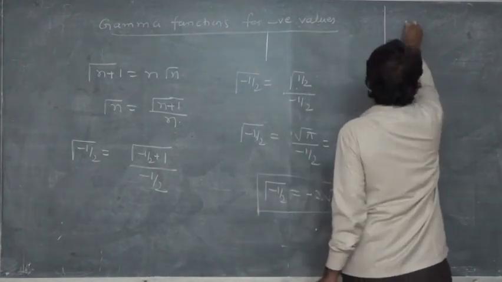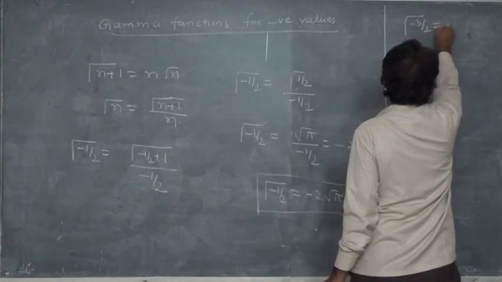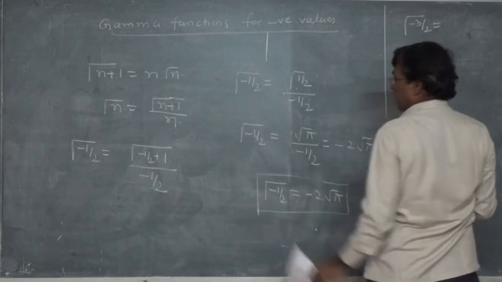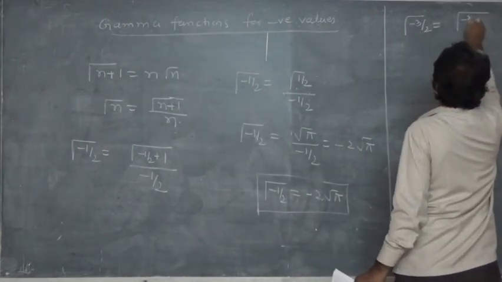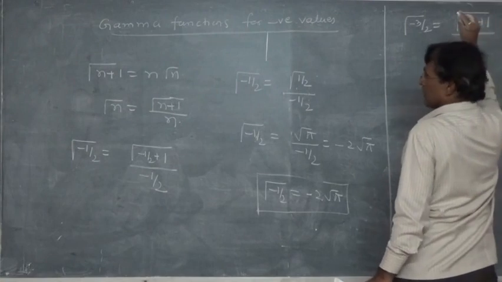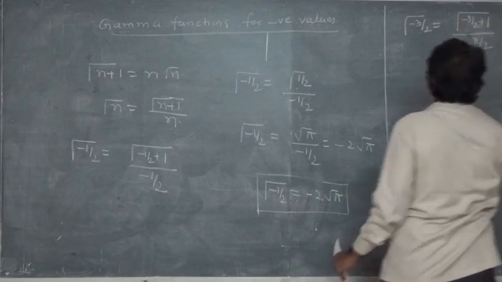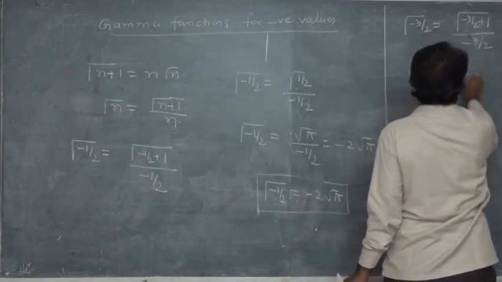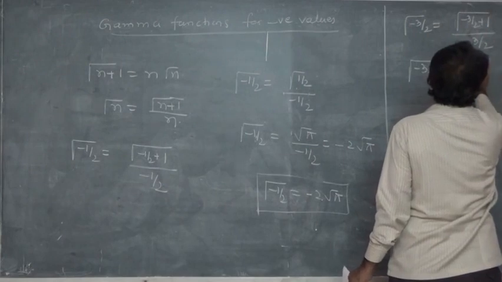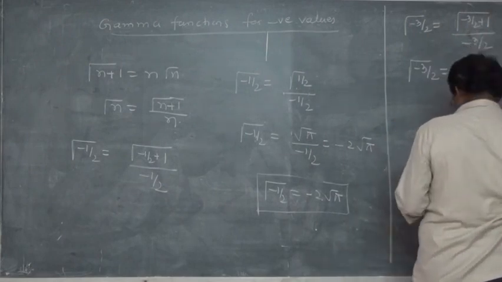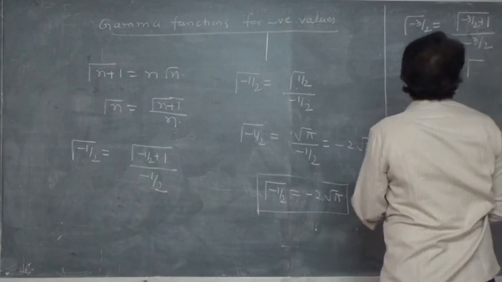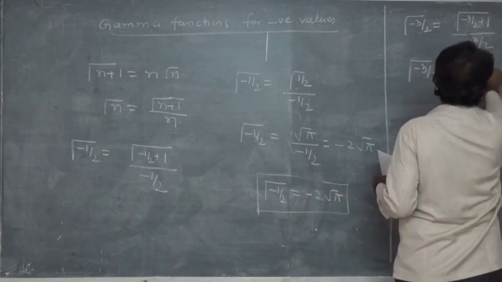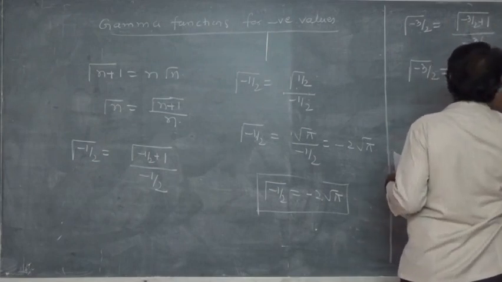Now, suppose I want to calculate the value of gamma minus 3 by 2. Same formula: gamma n is equal to gamma n plus 1 by n. So this is minus 3 by 2 plus 1 divided by minus 3 by 2. So gamma minus 3 by 2 is equal to gamma of minus 3 by 2 plus 1, which is minus 1 by 2, divided by minus 3 by 2.